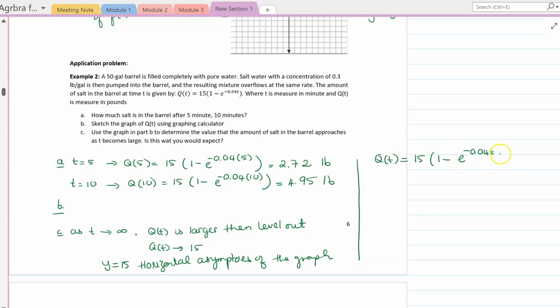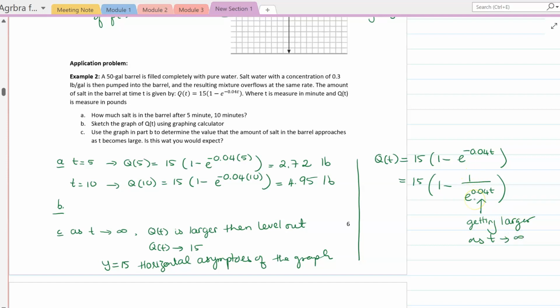Because of the negative exponent, I can rewrite this as 15 times 1 minus 1 divided by e to the 0.04t. Note that as t gets larger, the denominator, e to the 0.04 times t, is getting larger as t approaches infinity.